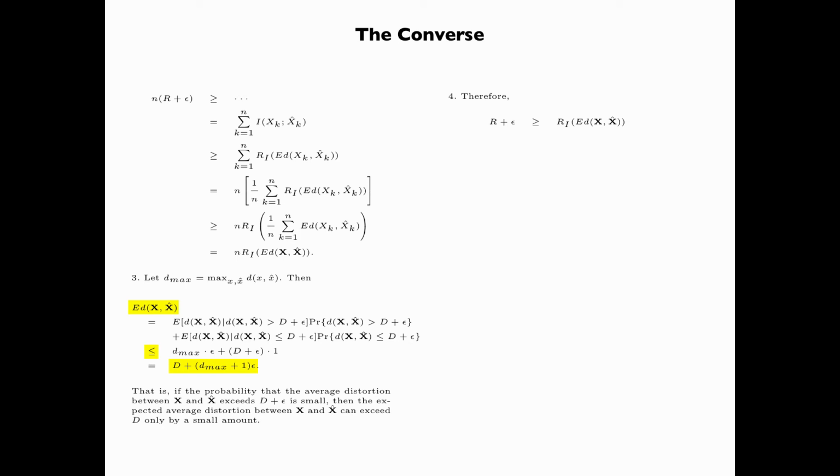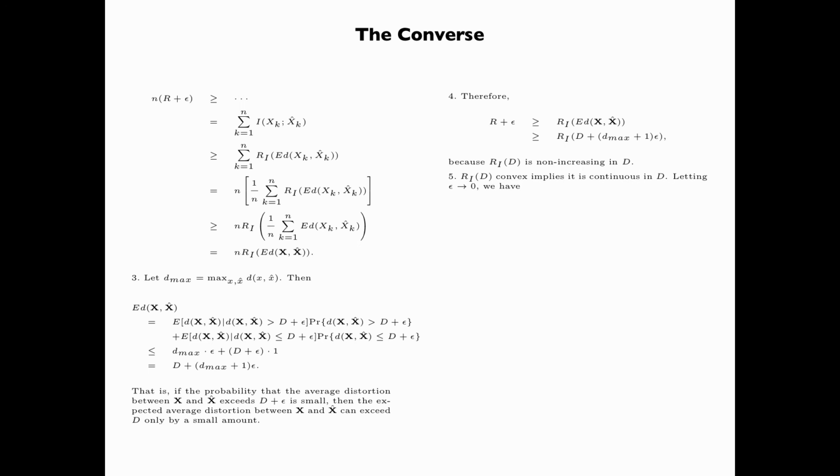Now since the expected distortion between x and x hat is upper bounded by D plus (d_max plus 1) times epsilon, we obtain the lower bound R_I evaluated at D plus (d_max plus 1) times epsilon, because R_I(D) is non-increasing in D.